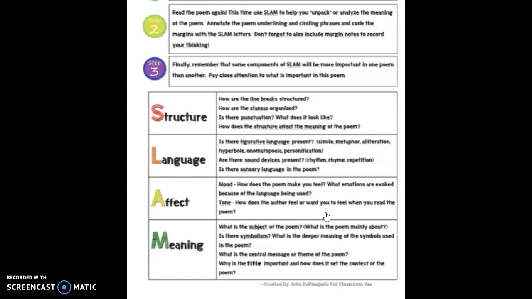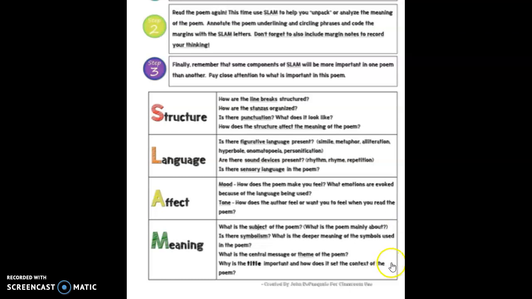Are they using happy words? If they're using happy words, then it's probably a tone of happiness, or they feel positive about the subject that they're writing about. But if they're using words like disgust, and it was abhorrent, and it was mean, you could tell that their tone, they don't feel very positive about the particular subject.